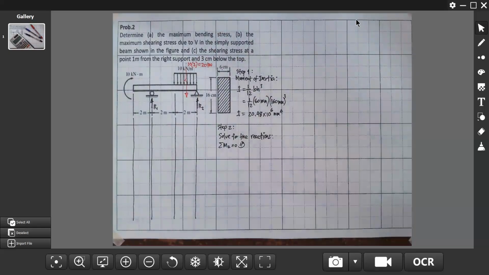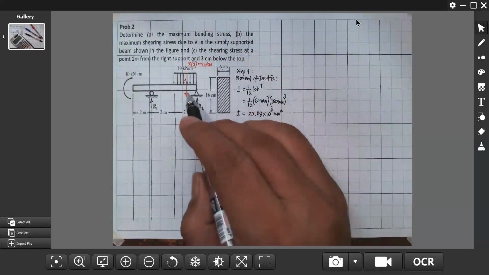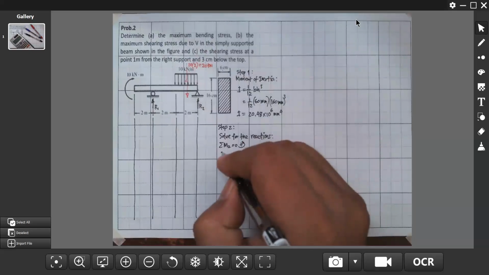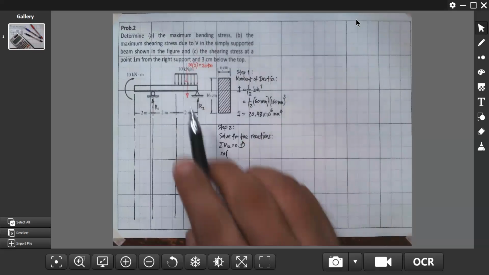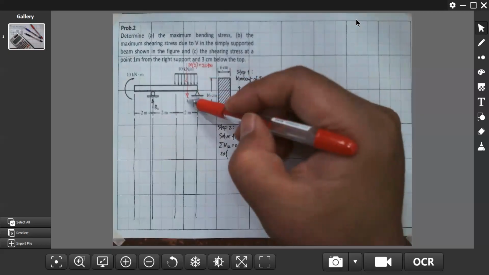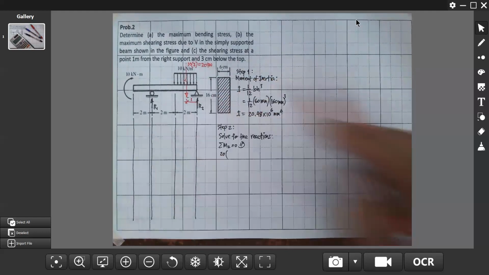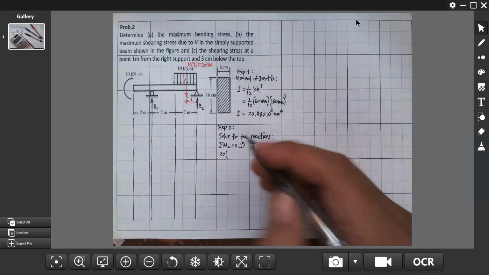So sum up moments about point 2. 20 is positive counterclockwise, and the distance is 1.